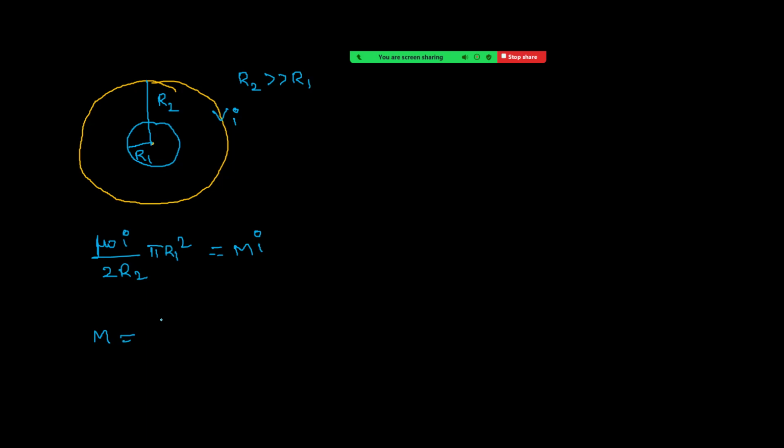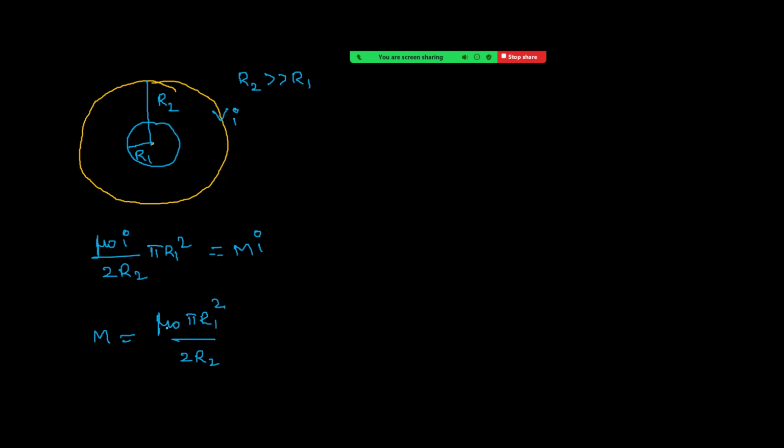Therefore, M equals, see what is left here, mu naught I is over, so pi R1 square upon 2R2. Cross check once. It is given R2 is very large compared to R1. Wait, I think I have taken it reversed. Cross check once.